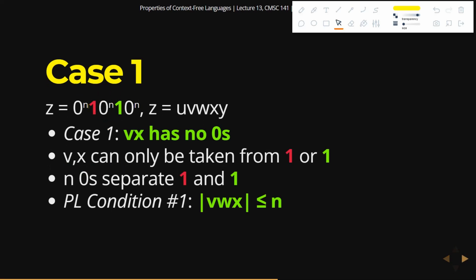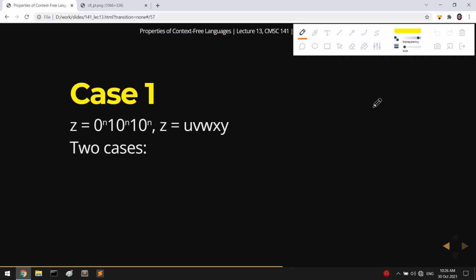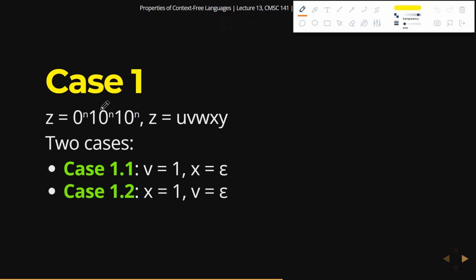If they are both 1s, if this one is V and this is X, and this would become W, the length of vwx in this case would have to be 1 plus n plus 1, which is n plus 2, and that exceeds n, which is not possible, right? Because the length of vwx has to be less than or equal to n. So because of that, only V is 1 or only X is 1.